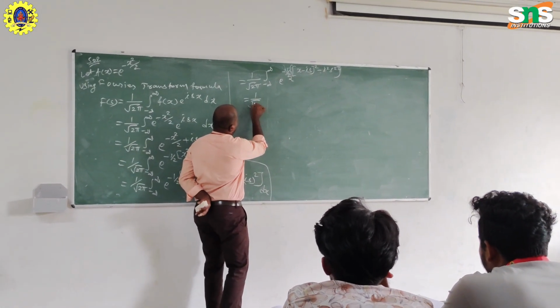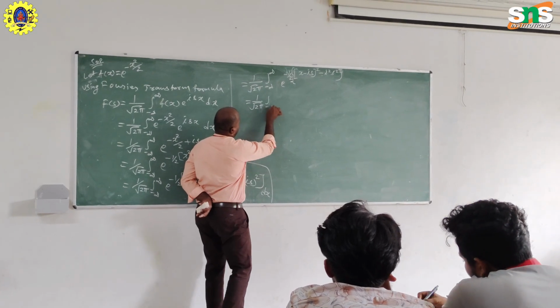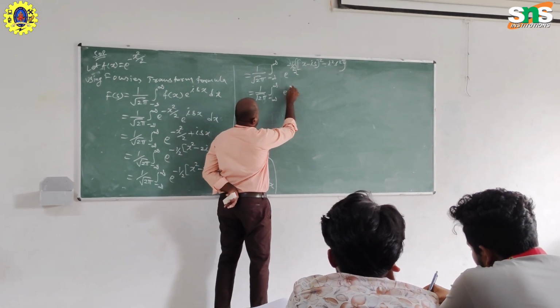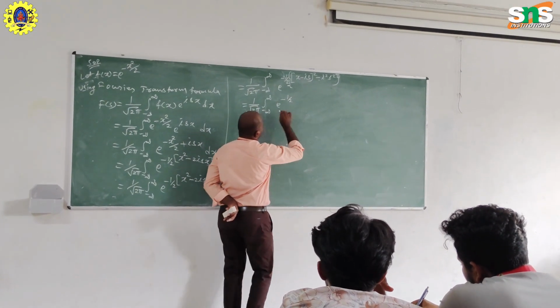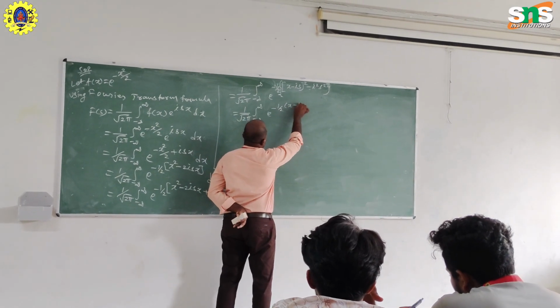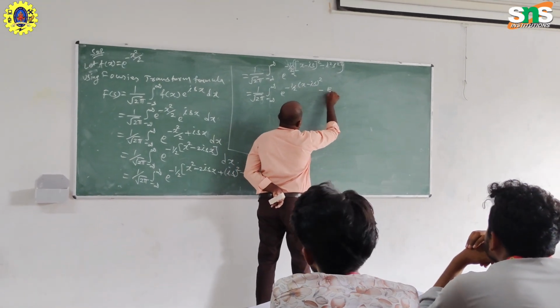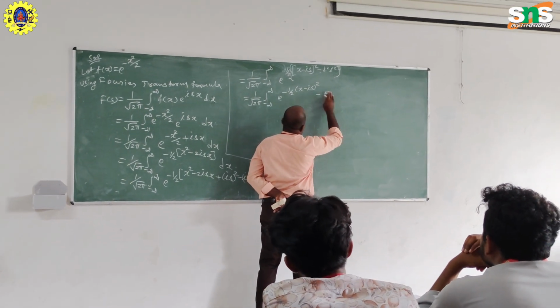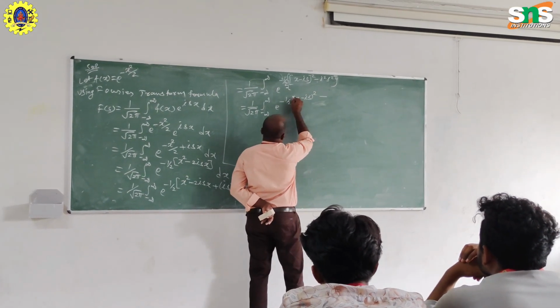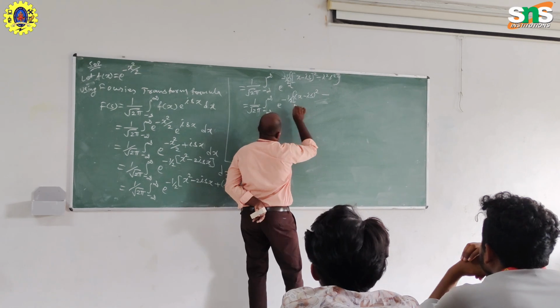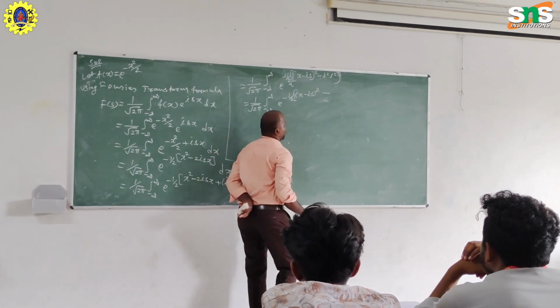1 by root 2 pi integral minus infinity to plus infinity e power minus 1 by 2 x minus is the whole square minus, i square value is what?